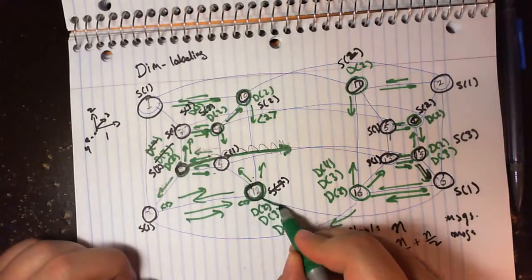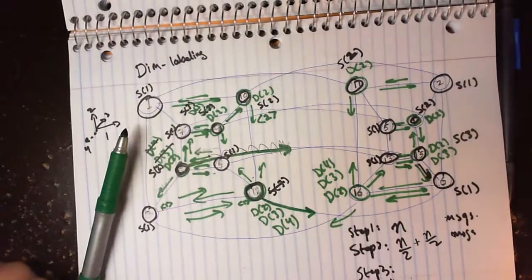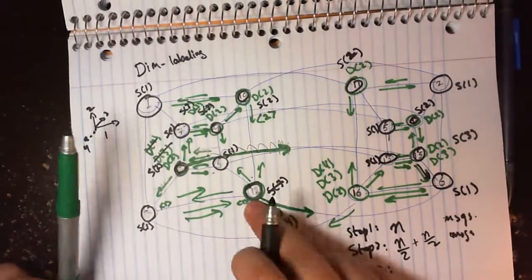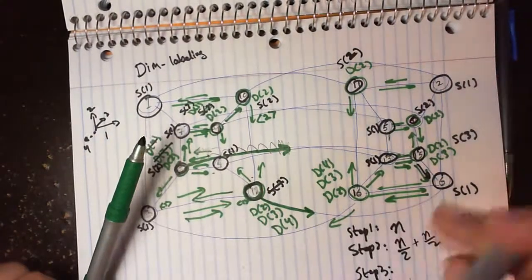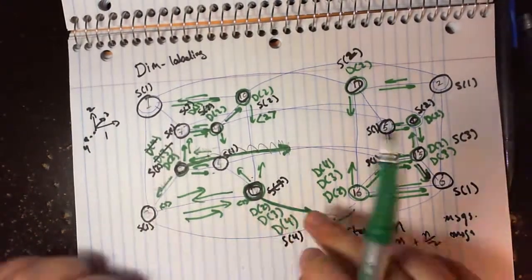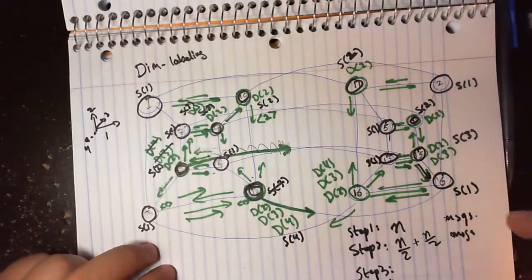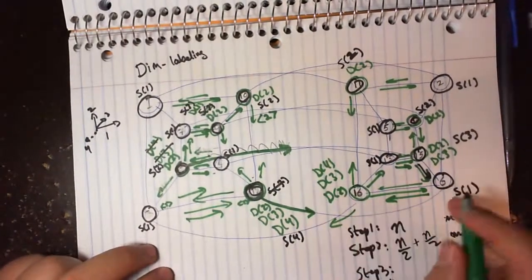So 12 sends that in the 4th dimension. Okay. 12 realizes, oh, I just got an attack message from 16. I just lost. So it becomes an S4. 16 doesn't know it yet, but 12 sends a message to 6. 6 sends a message to whoever killed it, which was 16.